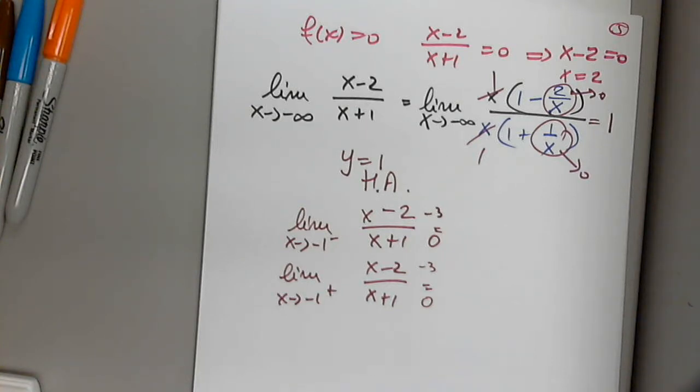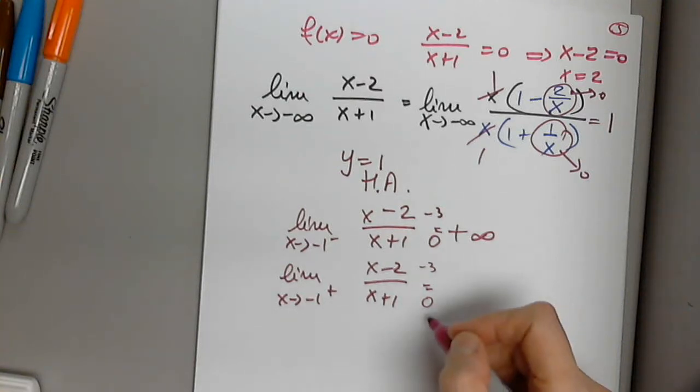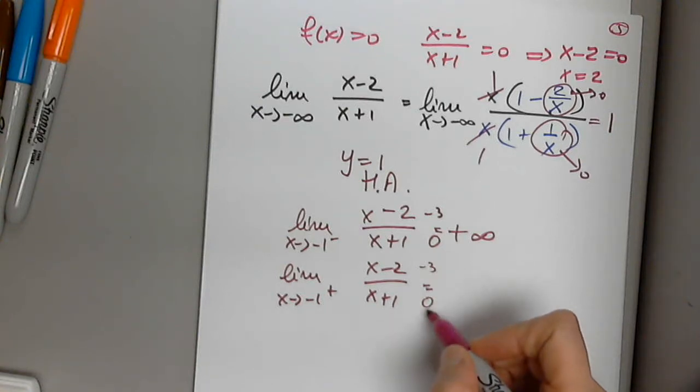So -1 from the left is -1.1. I only want the sign here. Negative of a negative is positive. -1 from the right, meaning -0.9. -0.9 plus 1, I only want the sign. Yes, so negative of a positive is negative.